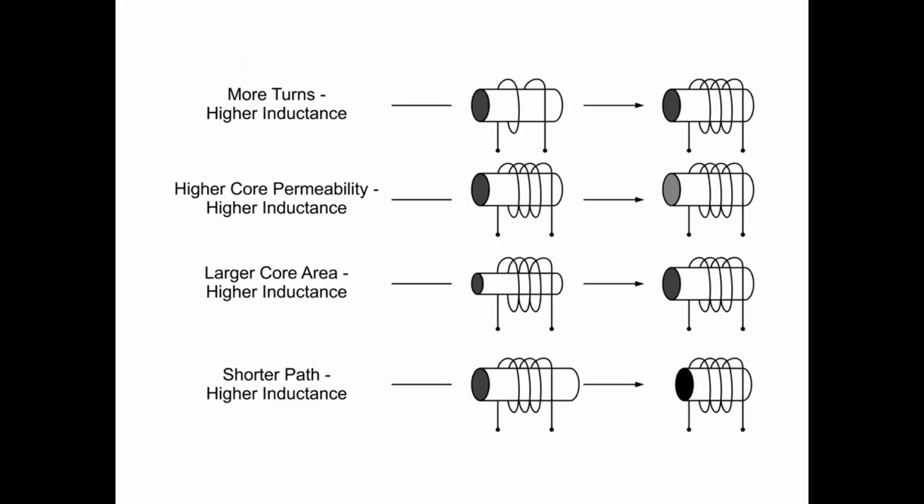This is a great diagram simply to show the 1, 2, 3, 4 different factors that will affect inductance. More turns of wire, higher permeability to magnetic lines of flux, a larger core area, and finally a shorter path. All of these would lead to higher inductance.